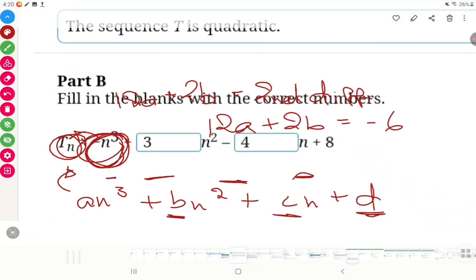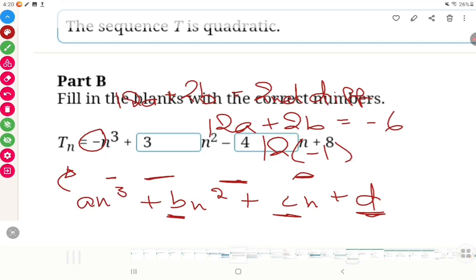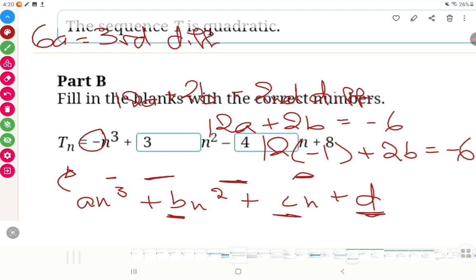A, they gave it to us here already. A is negative 1. So 12 times negative 1 plus 2b is equal to negative 6. You can also check for A using the equation 6a equals the third difference, the first number in the third set of differences, or you can just use what they gave us.